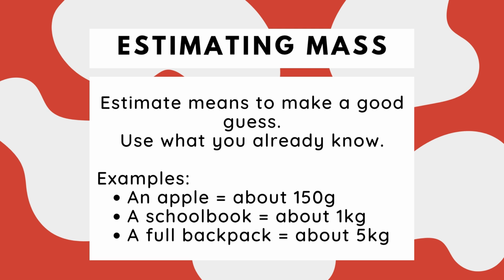If we know an apple is about 150 grams and the lunchbox feels heavier, we know the lunchbox must be more than 150 grams. So we can estimate the lunchbox to be, let's say, 200 grams or 250 grams. And that's how you can recall how heavy something is.